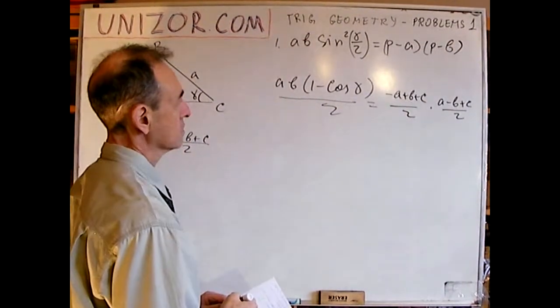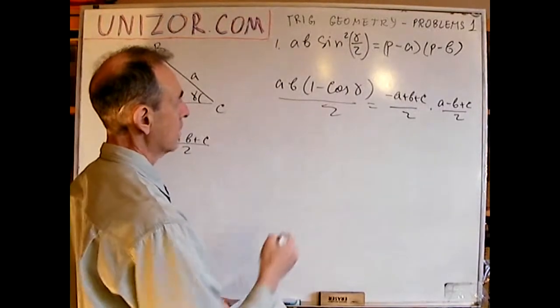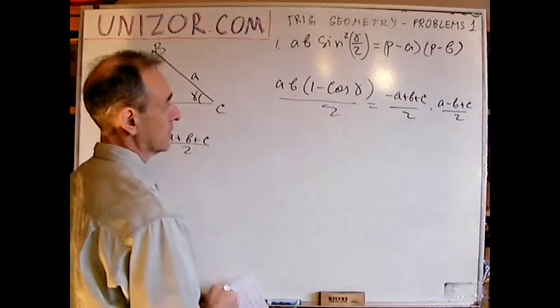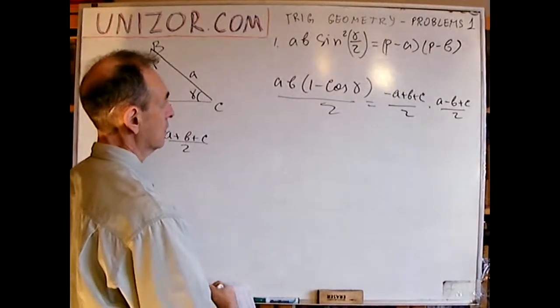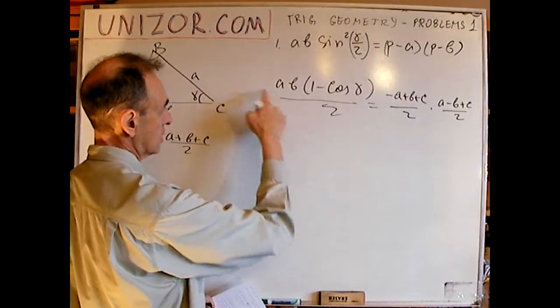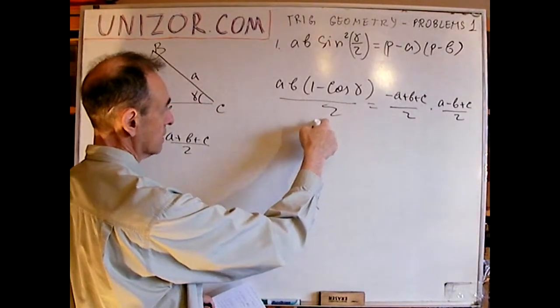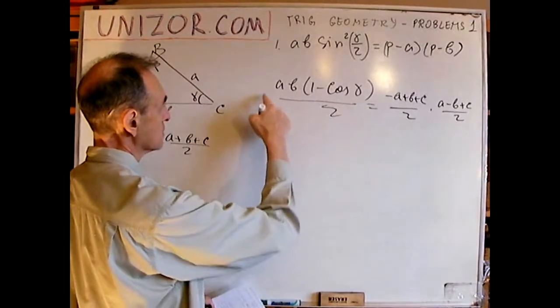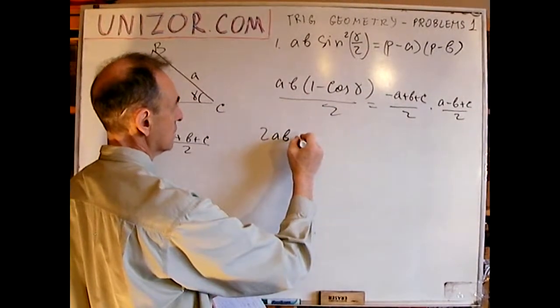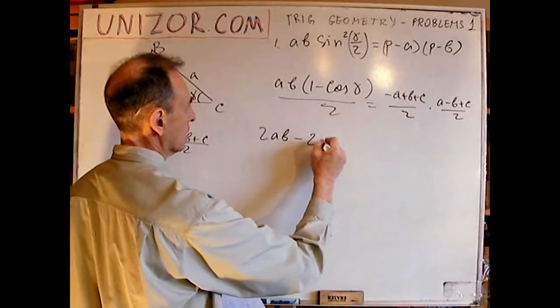All right, now, what we can do is multiply everything by 4, so we will get rid of the denominator. On the left I multiply by 4 and this is 2, so I still have 2 here, so it's 2AB times 1 minus cosine gamma. I will multiply it separately.